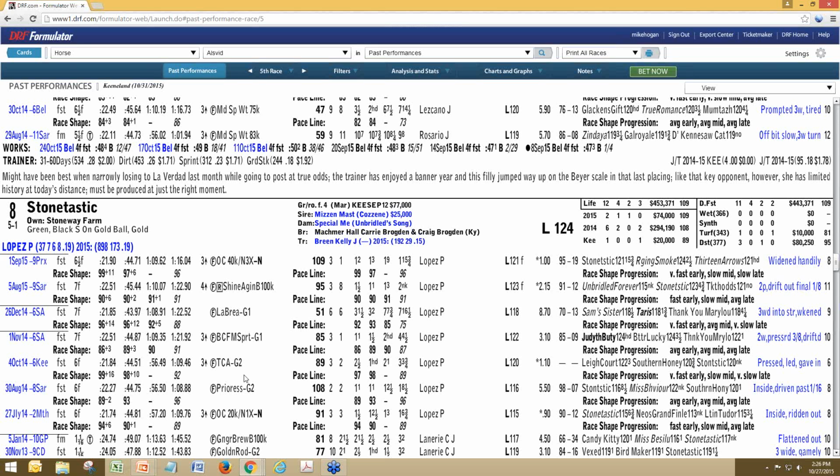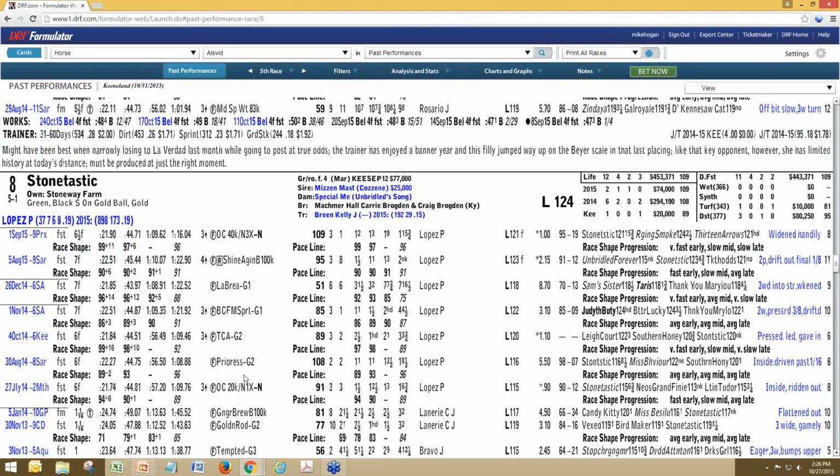So looking at all the speed in here, this is what pace figures can do to show that not only do you have a handful of horses who are capable of running 90s, mid-90s, the first quarter and half mile, but you don't see horses that can typically run that fast and survive, which is going to be a little different when we look at the male sprint.